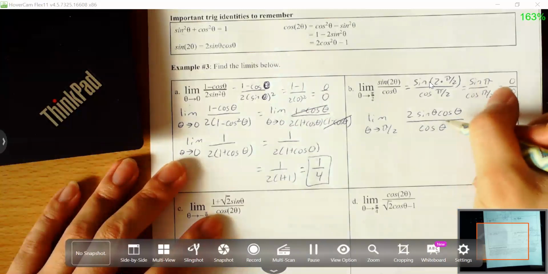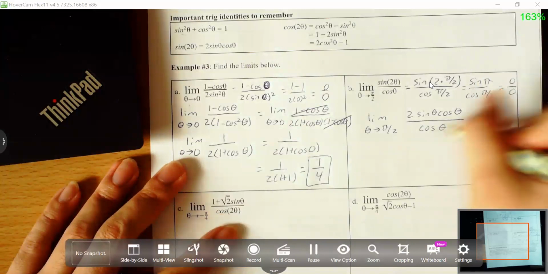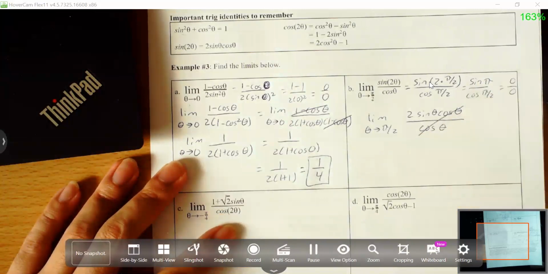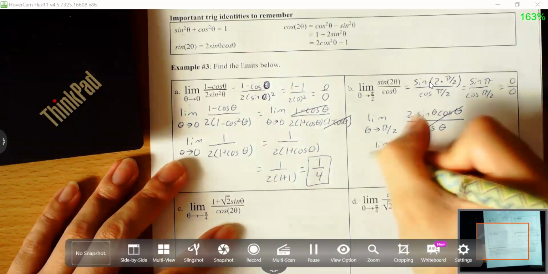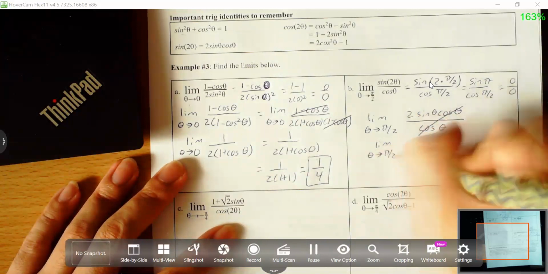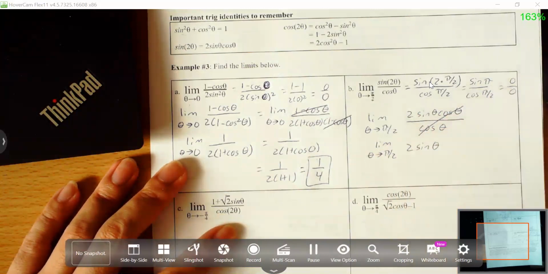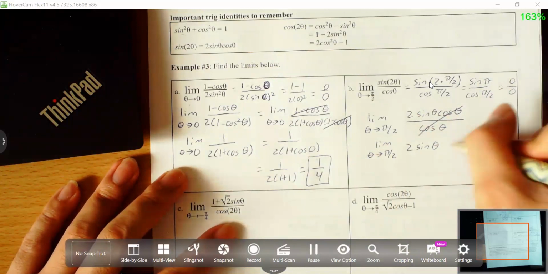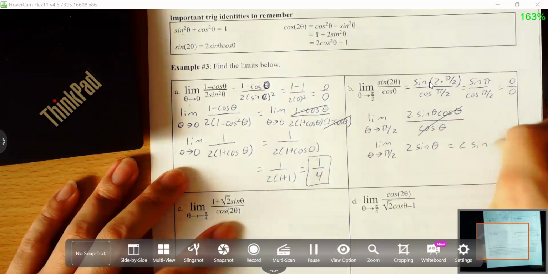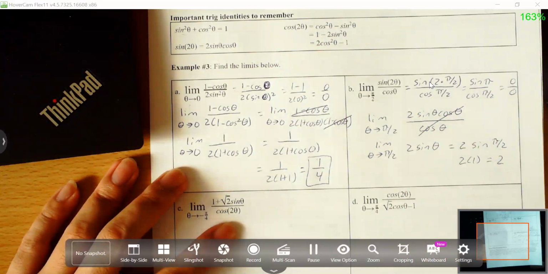Cool. Cosines cancel. So this is just the limit as theta approaches pi over 2 of 2 sine theta. So now we can just plug that in. 2 sine pi over 2. And the sine of pi over 2 is 1. So my limit is 2.